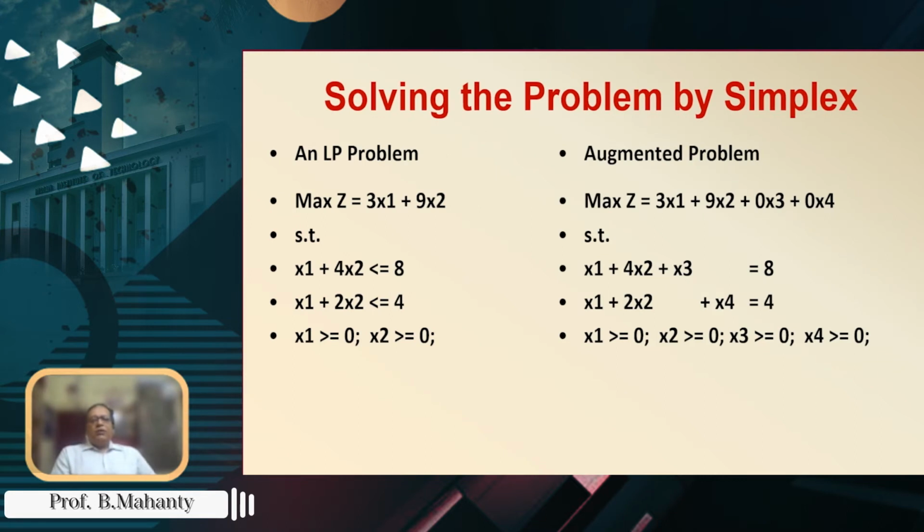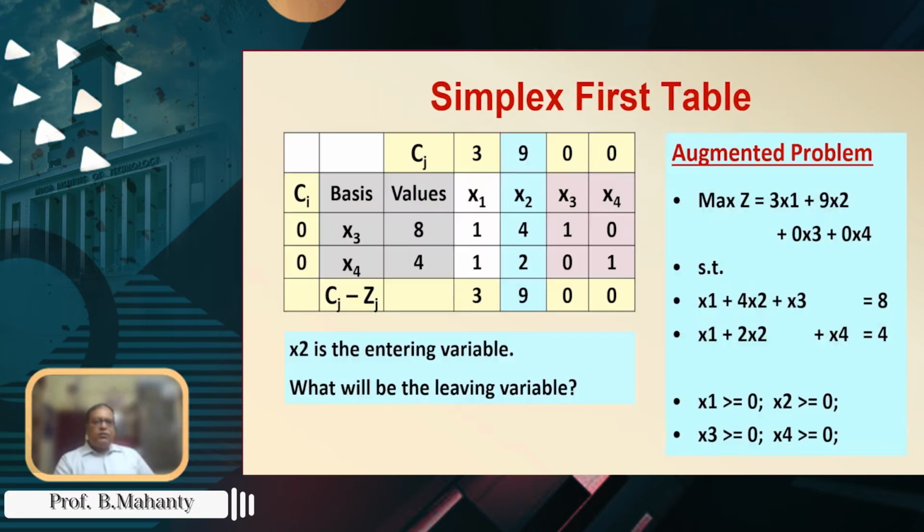Now, if we solve the problem by simplex, let us see what really happens. Right? What are we trying to do? We solved graphically this particular problem. Now we are trying to solve the same problem by simplex. So here is the simplex. Now this is the problem, x3, x4 values 8, 4.